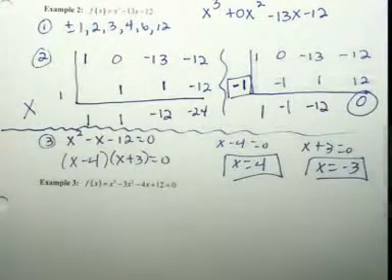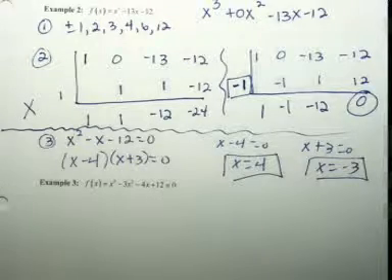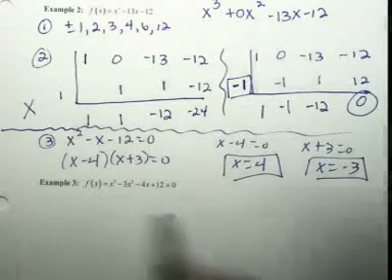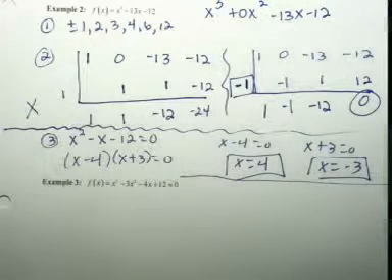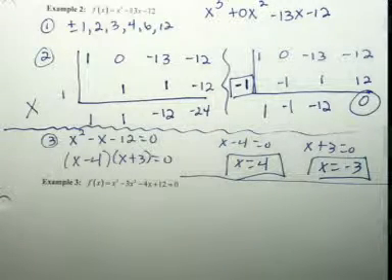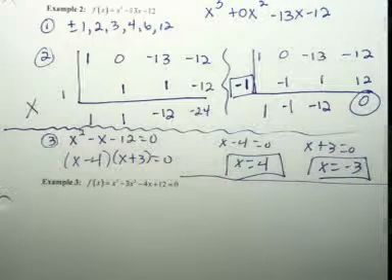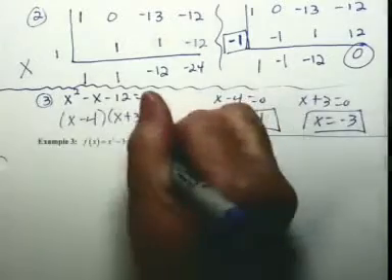Now you could have kept on going down the list until you found 4 and -3, but sometimes it's a lot easier if we remember how to solve once we get it to an x squared. Factors of 12.